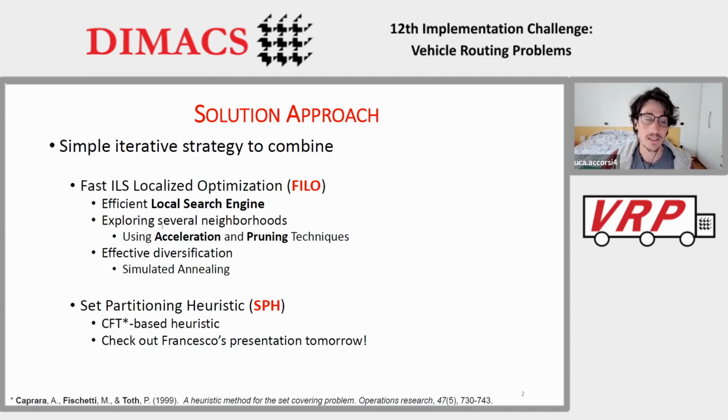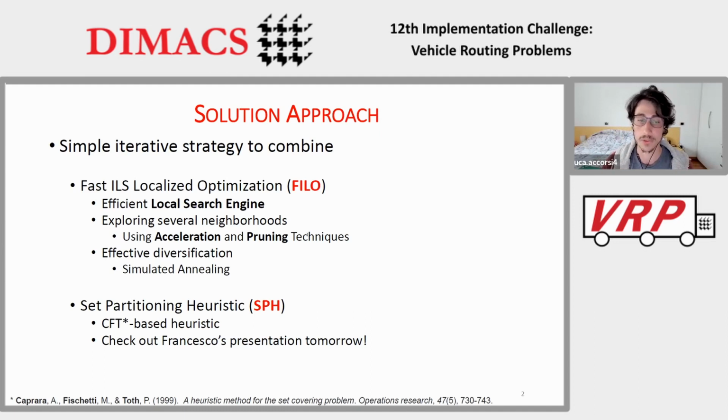In particular, we have cross-exchange variants. We also have inter and intra-route 2-opt exchanges. We have an ejection chain and also a chain of 2-opt exchanges, and also an intra-route Lin-Kernighan. Most of these neighborhoods, all but the Lin-Kernighan one, are explored by using acceleration and pruning techniques.